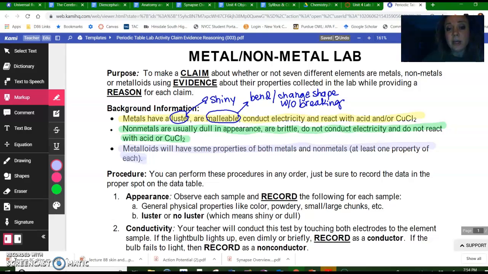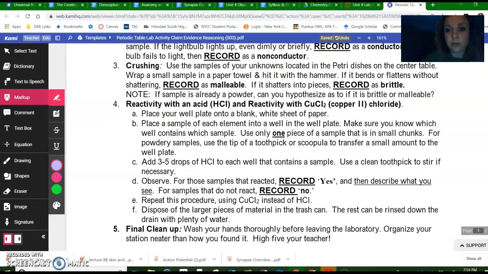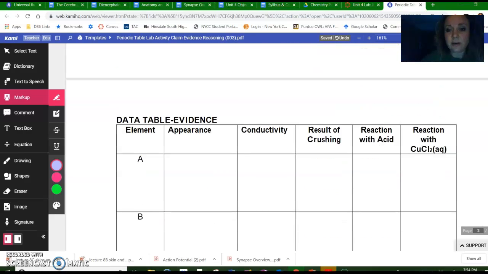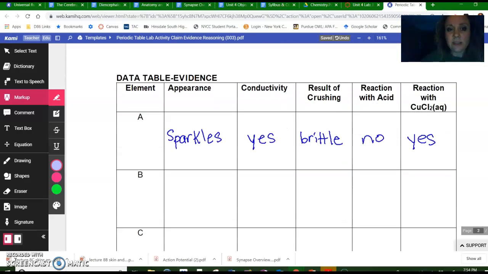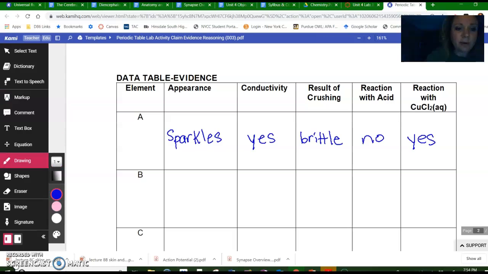So now what we're going to do is look at the data that you collected today in the lab, and let's just see what we got. Now, I'm not going to use real data. I'm just going to kind of make up some data as we go. So as you can see, when I tested element A, and remember, this is pretend, I said that it sparkles in order to indicate that it is shiny.